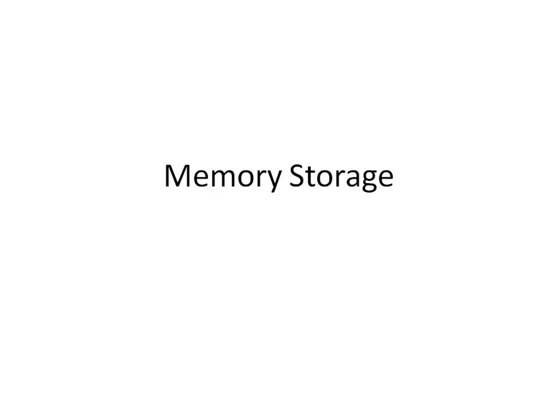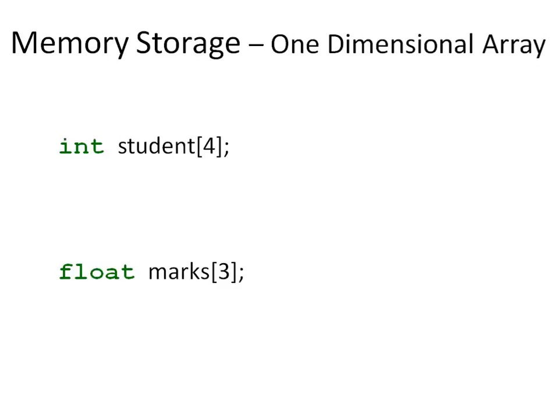As far as the storage of arrays is concerned, array elements are always stored in continuous memory locations. For example, let's say we are using a system where an integer data type takes 2 bytes of memory storage.